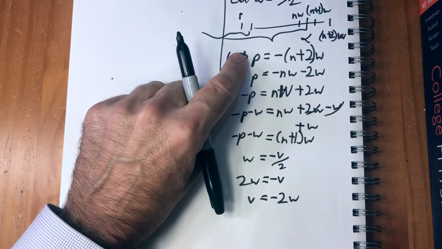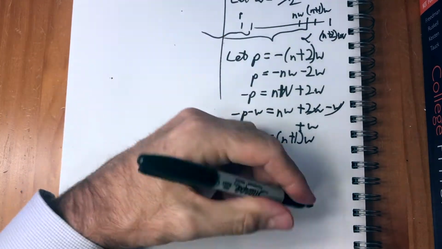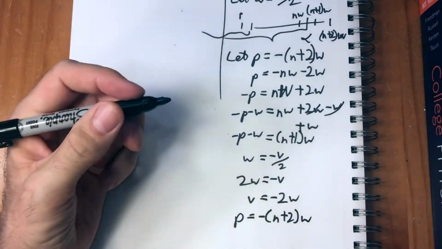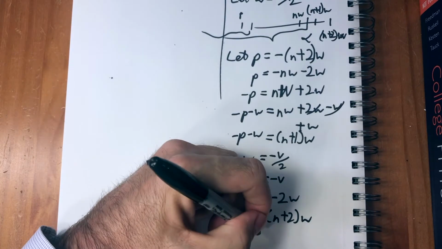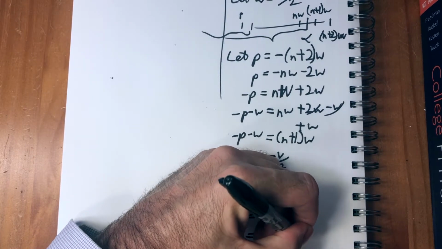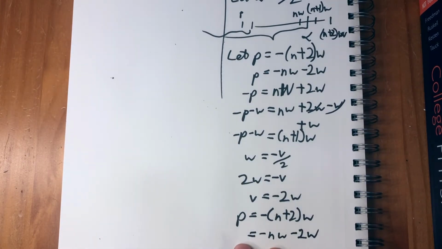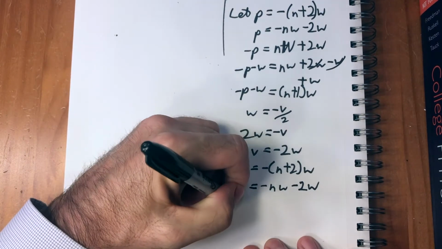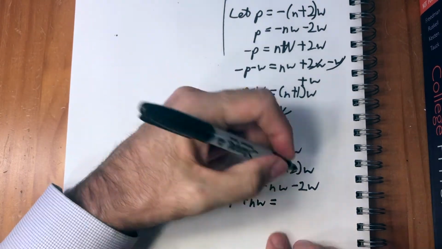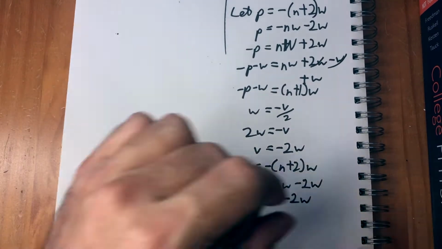So if we have up here that p equals minus (n plus 2)w, equals minus nw minus 2w, if we add nw to both sides, we get that p plus nw equals minus 2w, which we just said equals v.